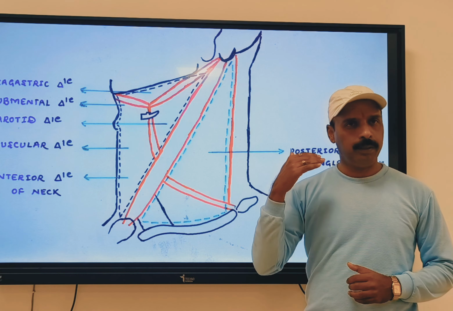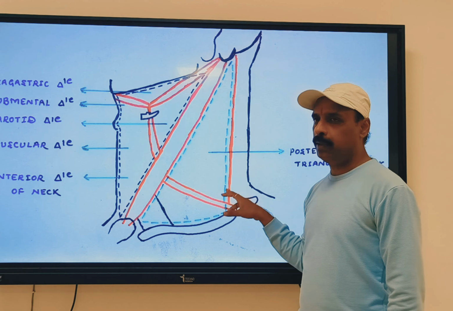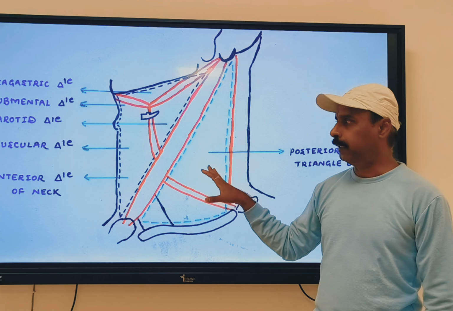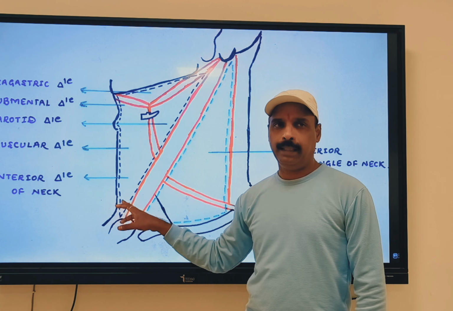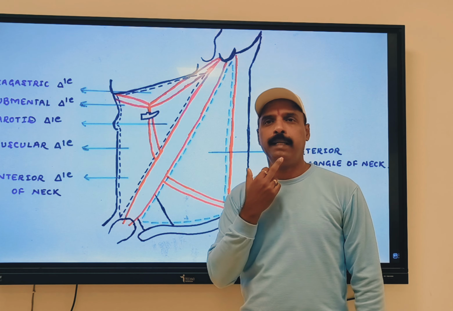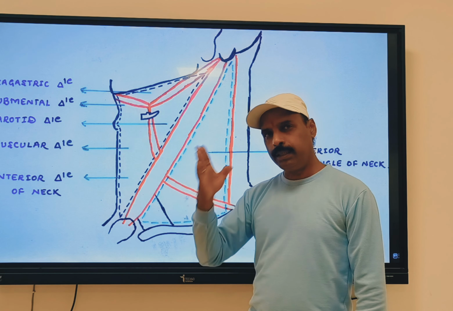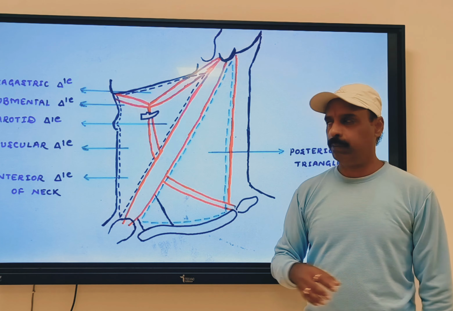I am talking about the primary stage, the outline of the quadrilateral space of the neck. So it is bounded anteriorly by the anterior median plane or the anterior median line, which extends from the mentum to the sternum, the manubrium sterni. So this is the midline, the median plane.